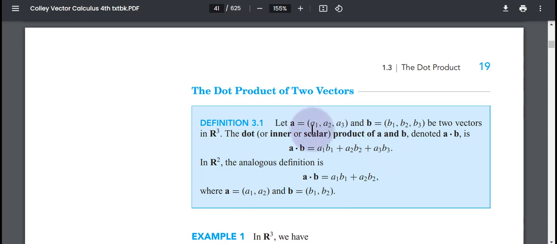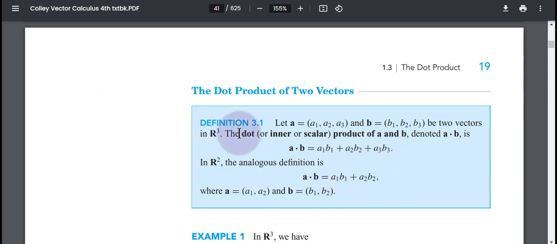We just take the first element of A times the first element of B, A1, B1, and then the second element of A and the second element of B, A2, B2. And so with the third element of each, and then we just sum them up. If we do it in R2, we wouldn't have this third term. We'd only have these first two terms.